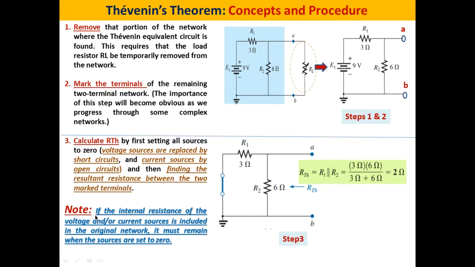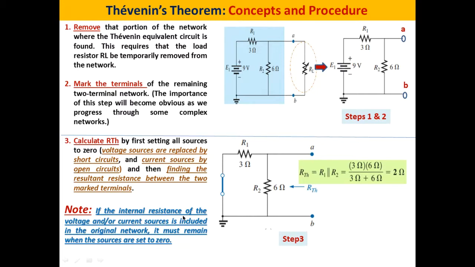It is important to note that if the internal resistance of the voltage or current sources is included, for example, if the voltage source has its internal resistance, we should not remove it. We should only replace the voltage source by a short circuit and keep the internal resistance, if there is one.